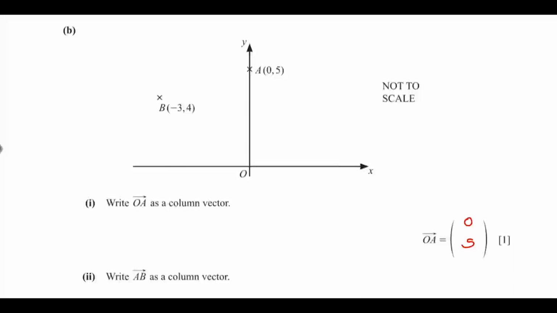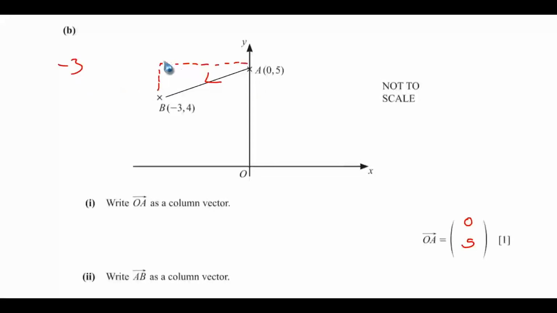Then Roman figure 2. Write AB as a column vector. That means we are moving downward like this. So that is the vector AB. X will be moving towards the negative side and y will also be moving towards the negative side. If x equals to 0 here and it is now negative 3 here, from 0 you have negative 1, negative 2, negative 3. So that will be minus 3.